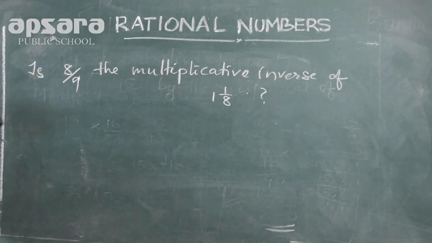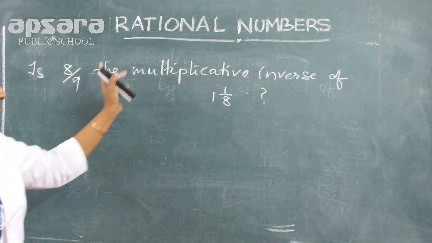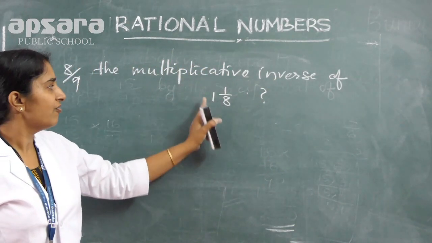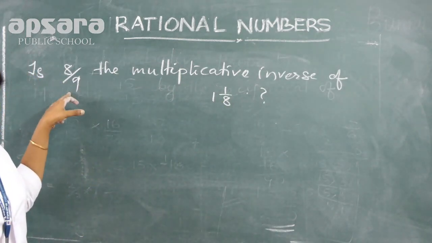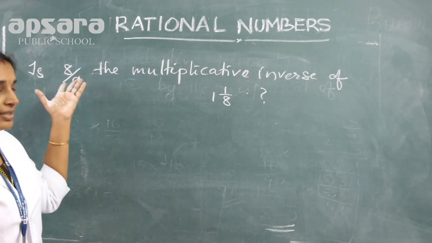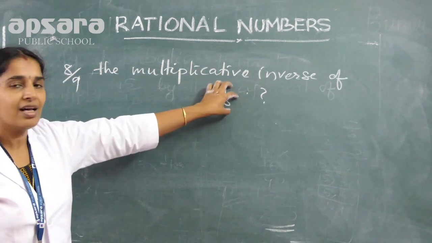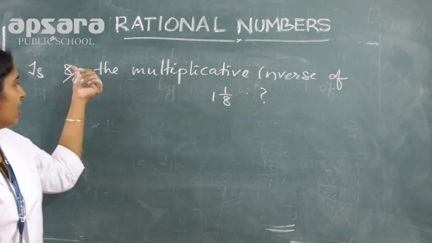Next question is also related to multiplicative inverse, reciprocal, okay? Whether 8 by 9 is the multiplicative inverse of 1 by 8. See, here 8 by 9 is the rational number. They are asking you whether this is the multiplicative inverse of 8 by 9.